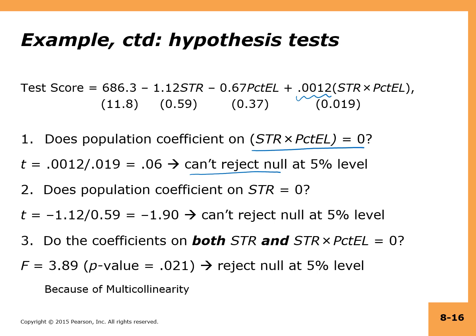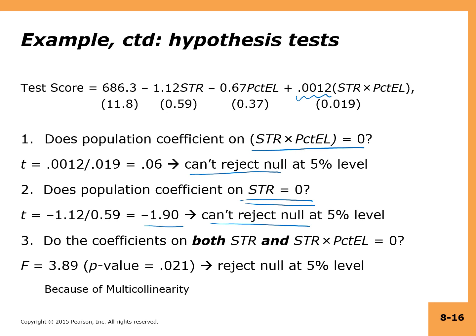Next, we want to test if the coefficient for STR is equal to 0. In this case, our t-test says that we cannot reject the null at 5%, meaning that the coefficient for STR is not statistically significant.